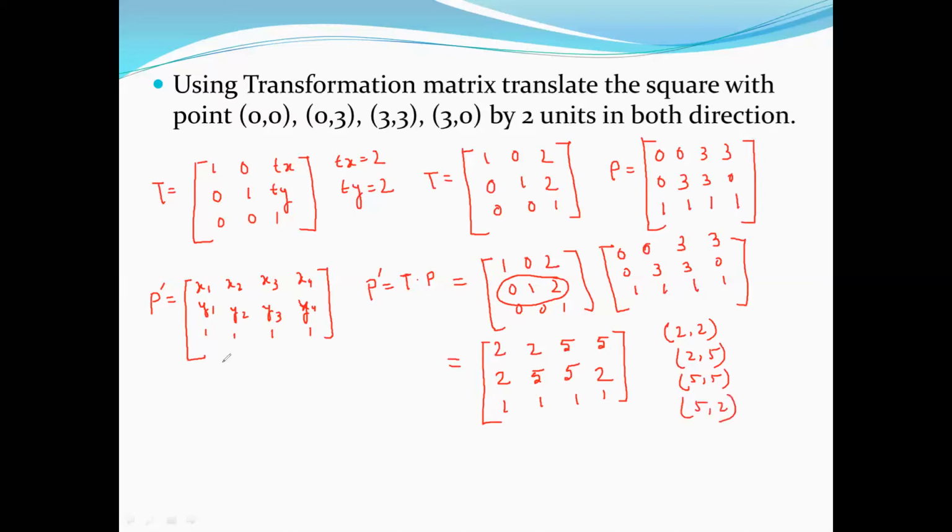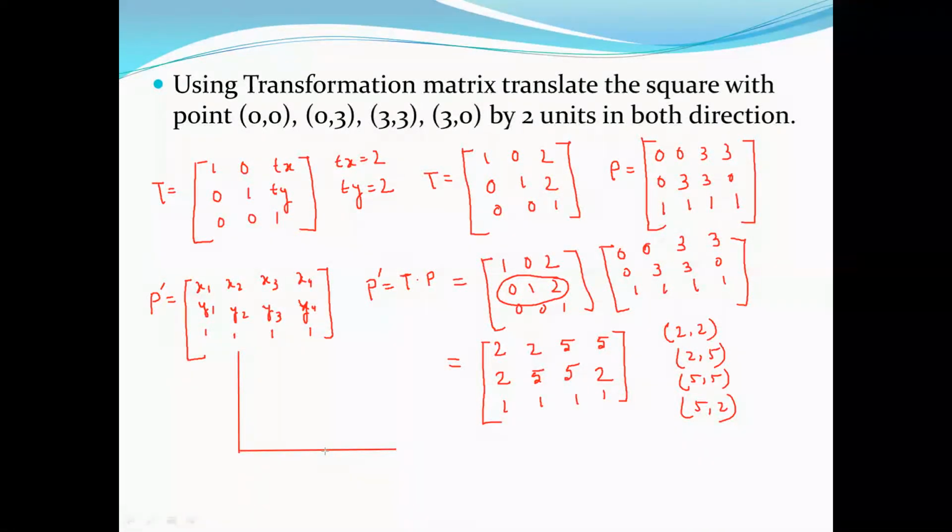So if we draw our axis, consider this is 1, 2, 3, 4, 5, and 6, and this is again 1, 2, 3, 4, 5.